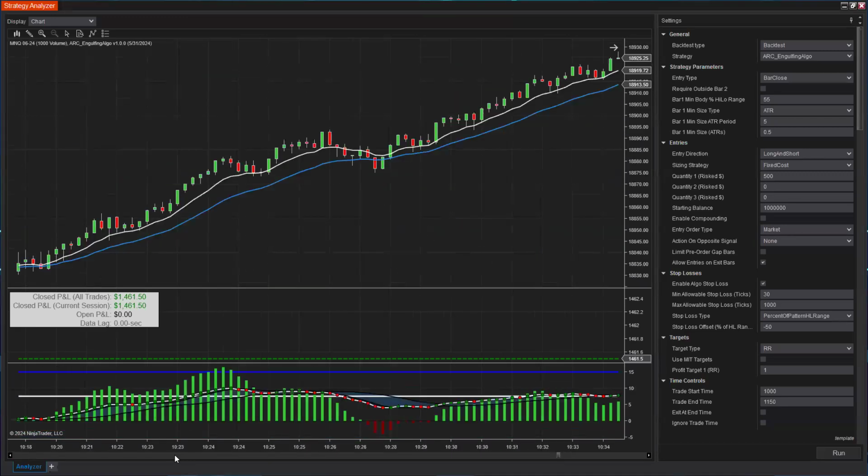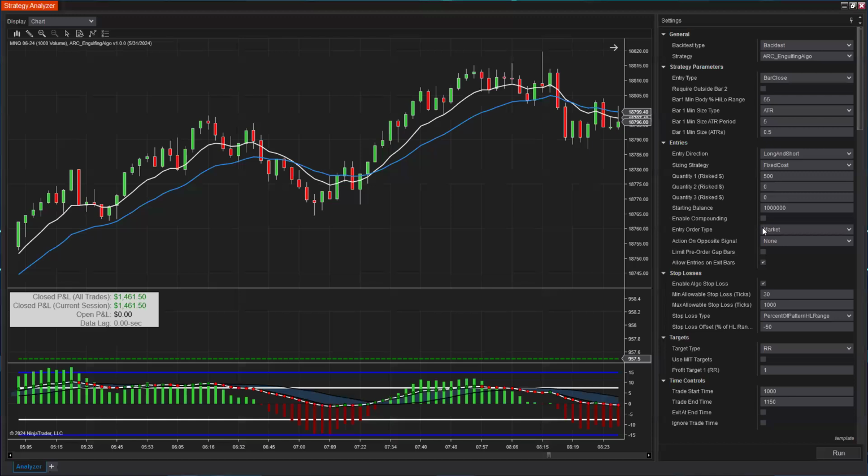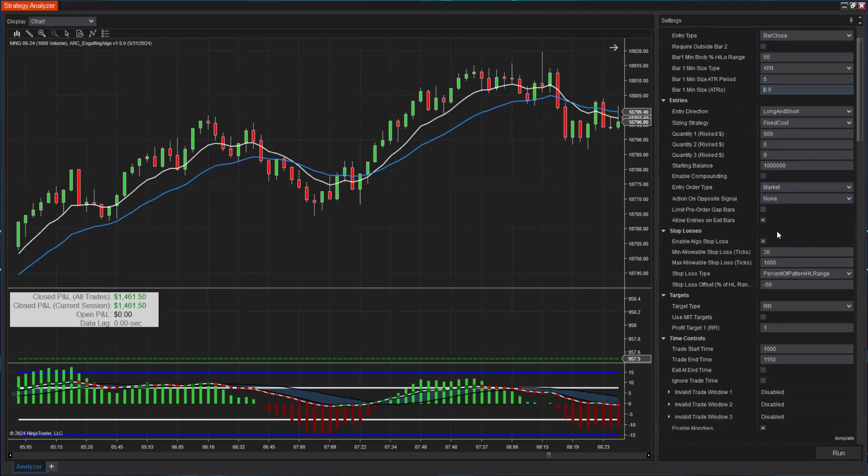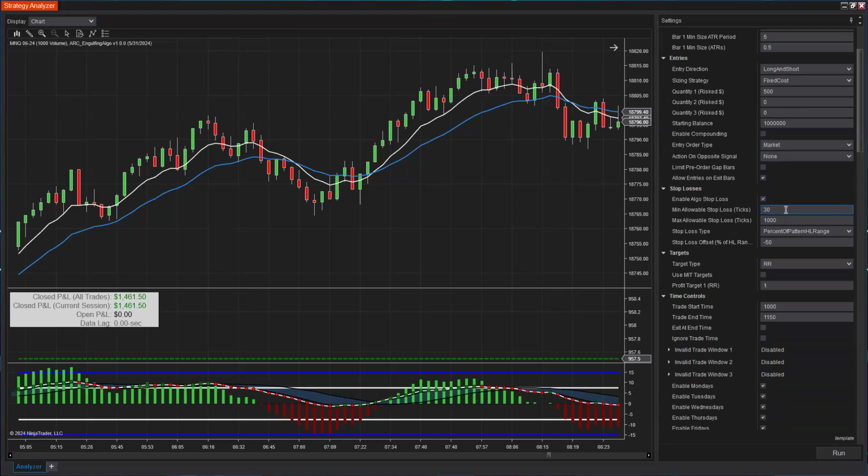Got like no trades. Market, bar close, 55, 5.5, market. Oh, minimum stops kicking in.